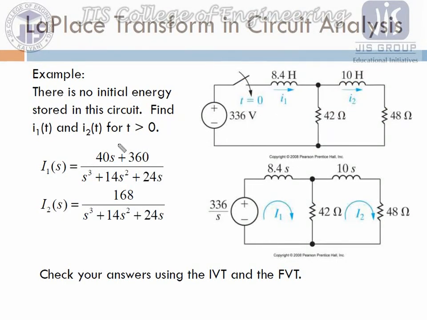This is our function, I1 of S is 40s plus 360 divided by s cube plus 14s square plus 24s. We are taking this one for the initial value and final value theorem, and our I2 value is this one. First we will check the initial value theorem, then we will check the final value theorem.